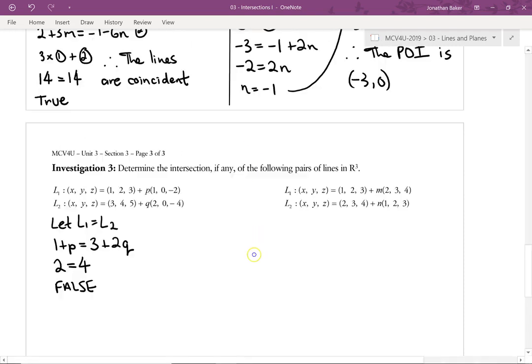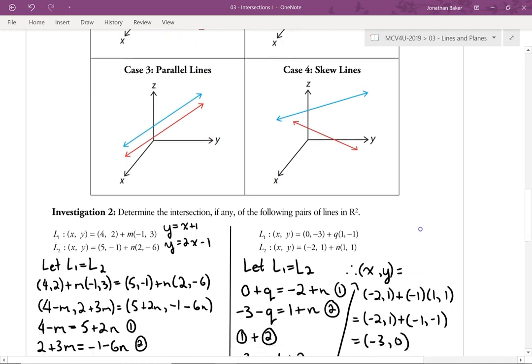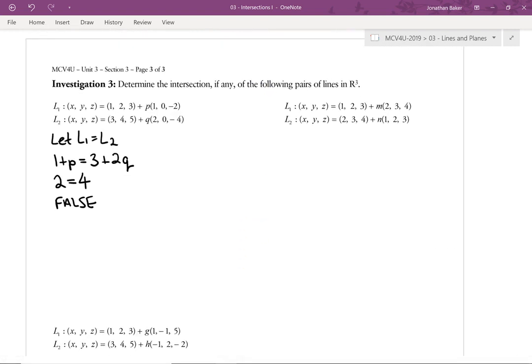Now, really, this could mean either of these two cases, case 3 or case 4. And so it's a matter of determining which is which. So let's look here for a moment at the equations. We can look at the direction vectors to determine if they're parallel. Remember, if one vector is a multiple of another, then we know that they are collinear.